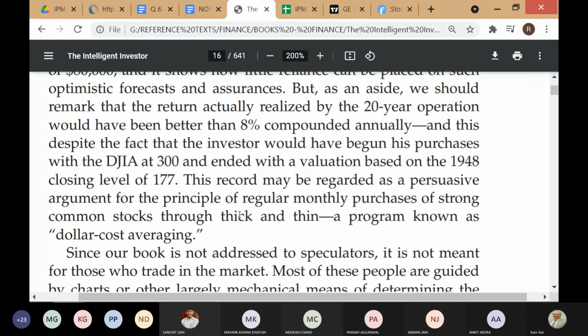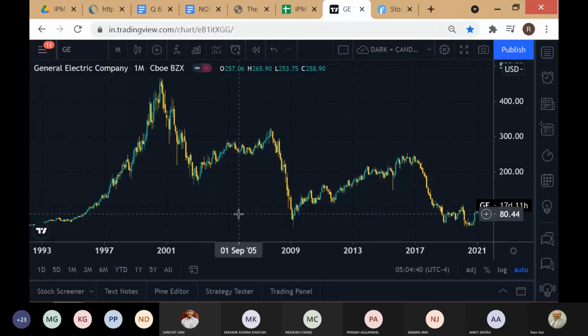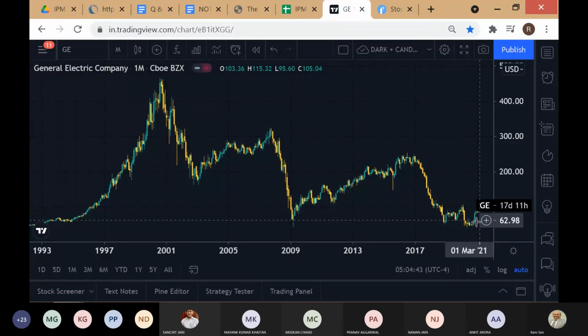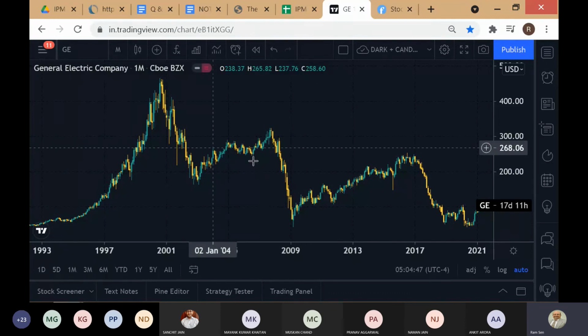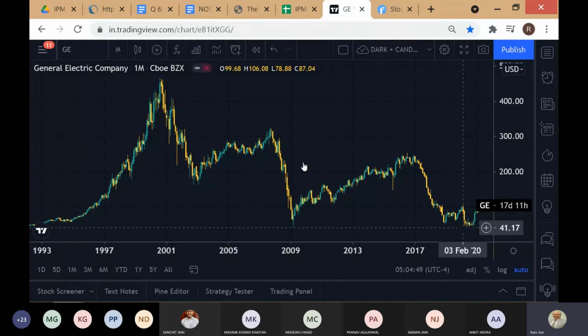Are you following? This book will only be talking about value investing, which is one type of approach. For instance, it talks about dollar cost averaging. Many people don't think this is a good idea because the risk profile keeps on increasing. If you end up with a situation like GE, which is a very big company, you can have this in any other company.